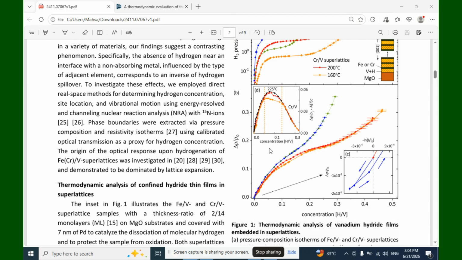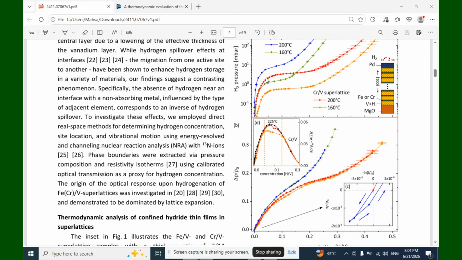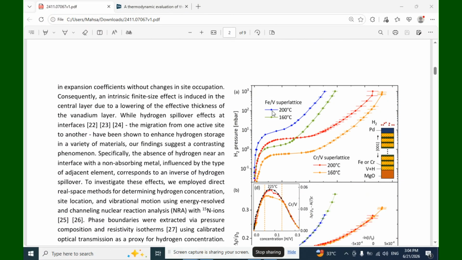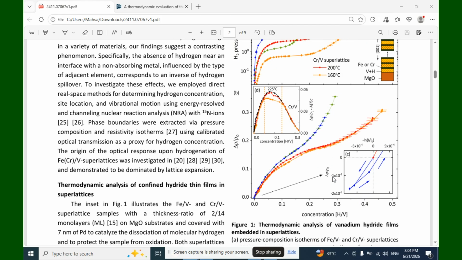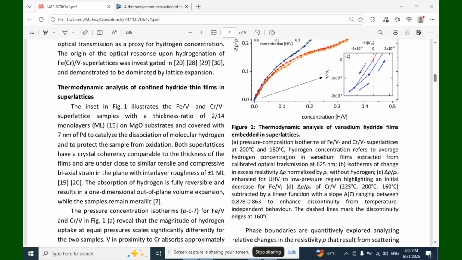Based on this legend, blue and green are related to the Fe/V, and red and yellow are related to the Cr/V. You see that blue and green have a higher density of concentration, but near the chrome we do not have such intensity in the concentration.